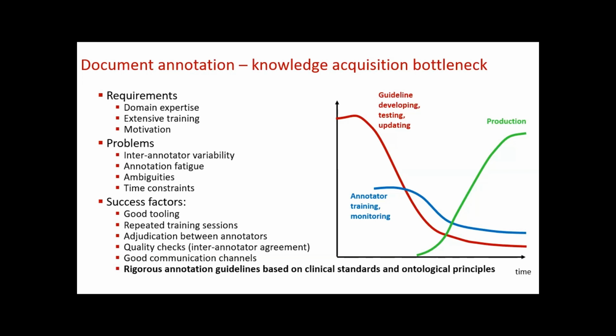So we need good tooling, we need repeated training sessions, we need adjudication between the results of annotators, and we need periodic quality checks. And the measure to do this is inter-annotator agreement. And of course, also in most of the annotations, it's via adjudication, but it means also that the annotators need to be able to communicate, to discuss, so it also requires good communication channels.